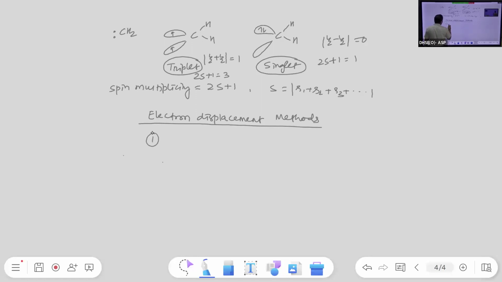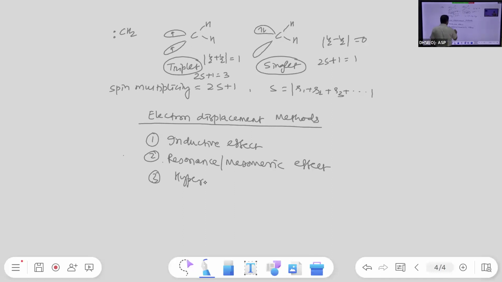So what are the electron displacement methods? There are 4 methods: inductive effect, then resonance or mesomeric effect, then hyperconjugation, then electromeric effect.